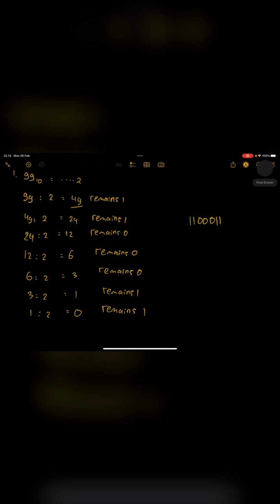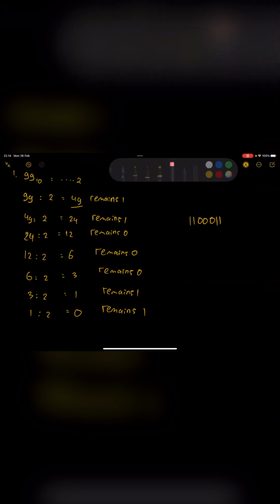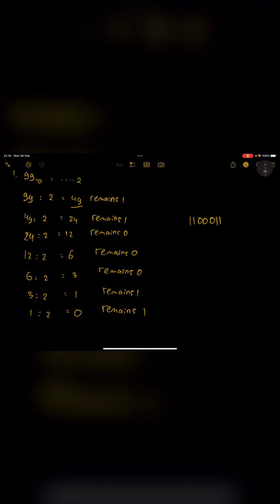The one on the most left is the MSB, or the most significant bit, while the one on the most right will be the LSB. And this will be the end result, the basis of 2. This will be the answer, the binary.